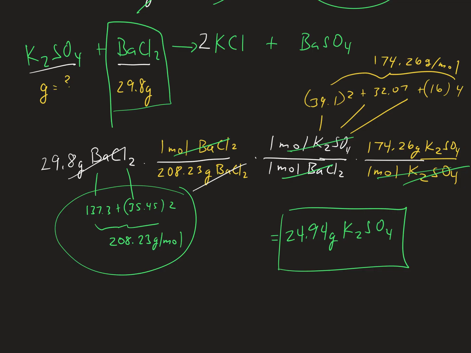So how many grams of potassium sulfate we have for 29.8, okay. Yes. Okay, so that's how. Did that help? Yeah, because it was like, where that came from. Yeah, so that was given in the problem. And then, yeah, we follow.